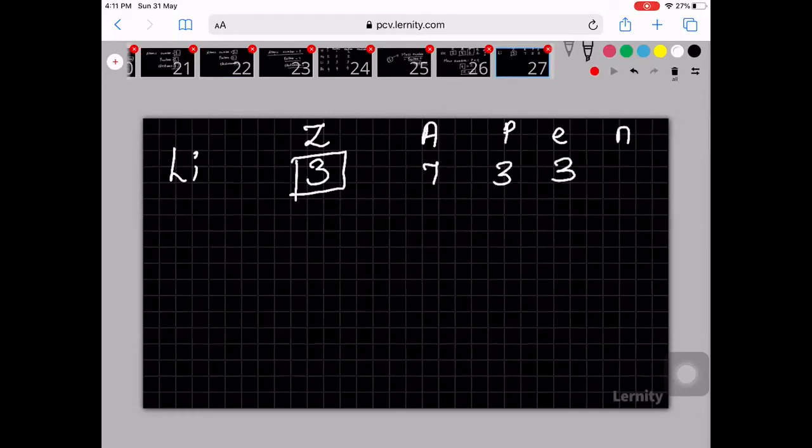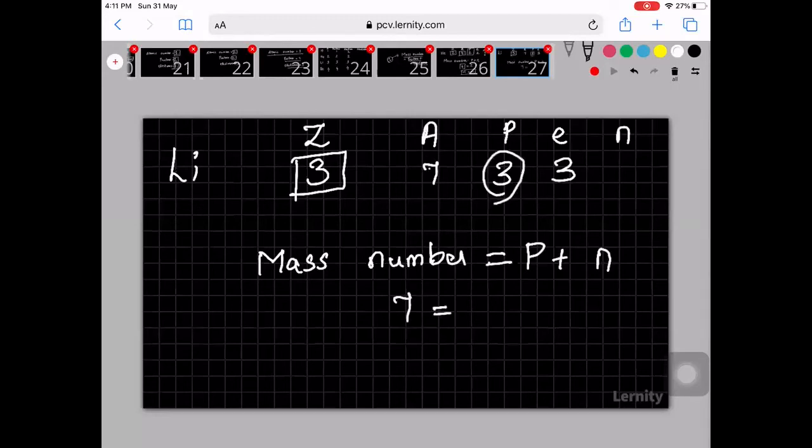What about the number of neutrons? Number of neutrons can be decided from the mass number. Mass number is equal to number of protons plus number of neutrons. So if mass number is 7 and the number of protons is 3, then the number of neutrons n is 7 minus 3, which is 4.